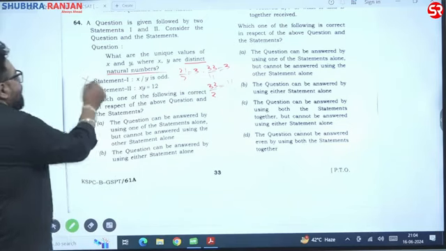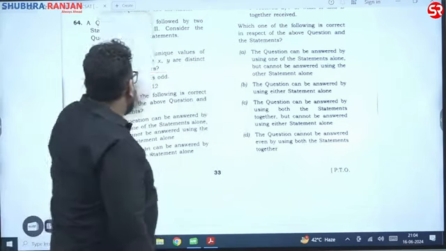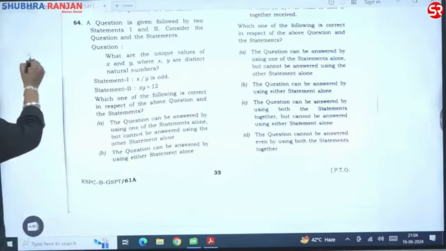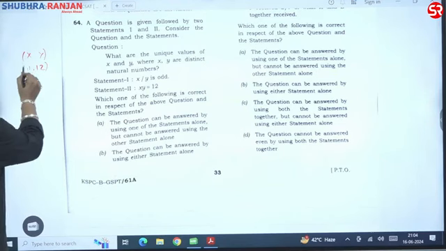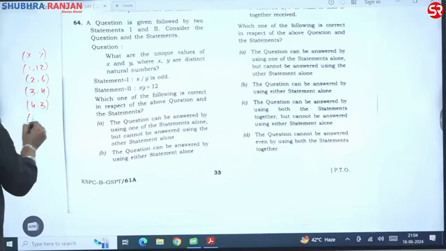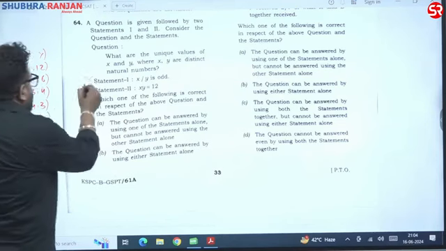So the first statement is not giving an answer. The second says x into y is 12. The values of x and y are 1, 12; 2, 6; 3, 4; 4, 3; 6, 2; 12, 1. Again giving a lot of answers.